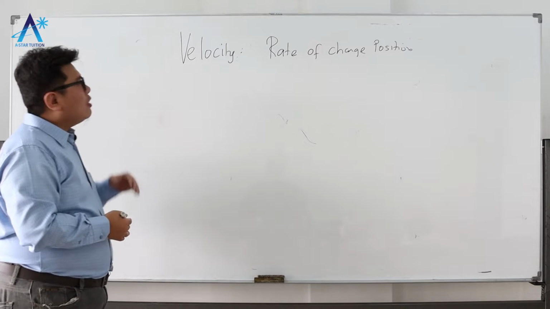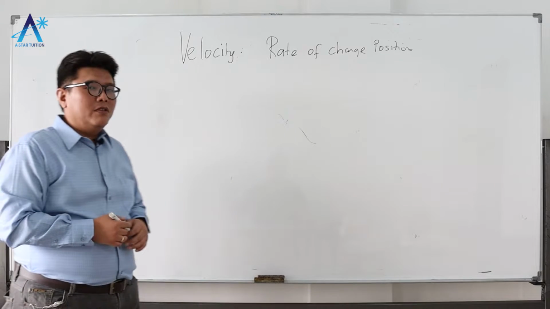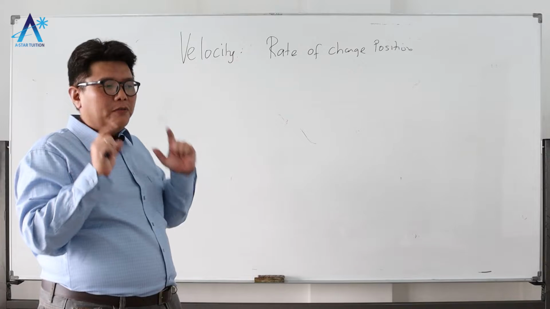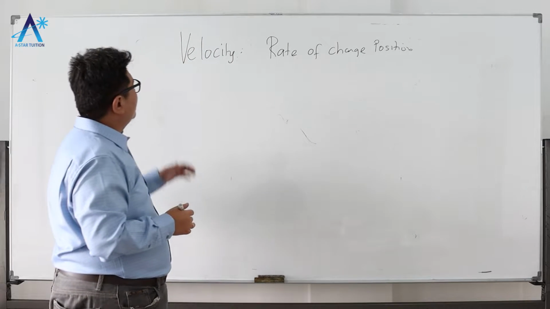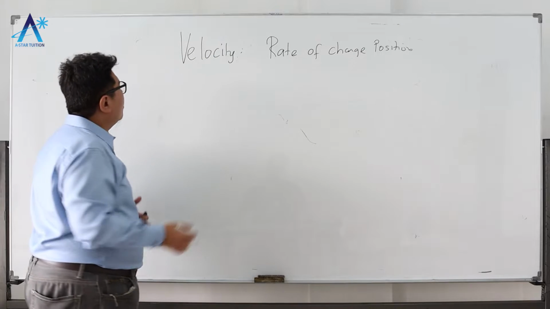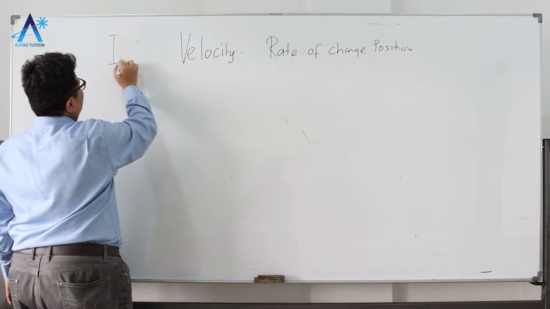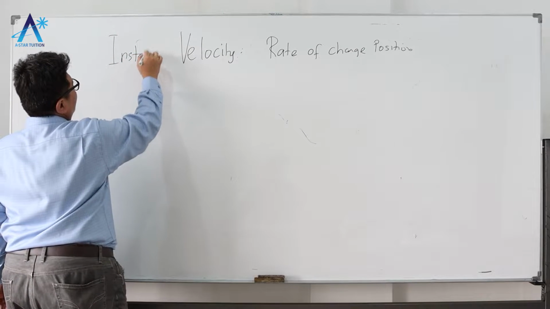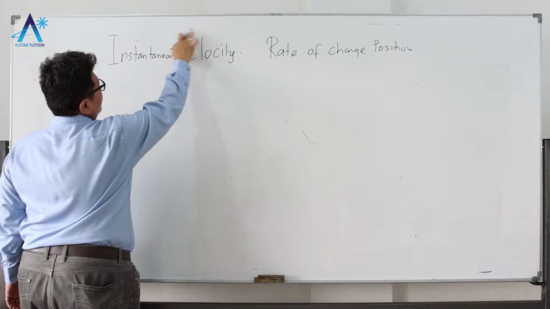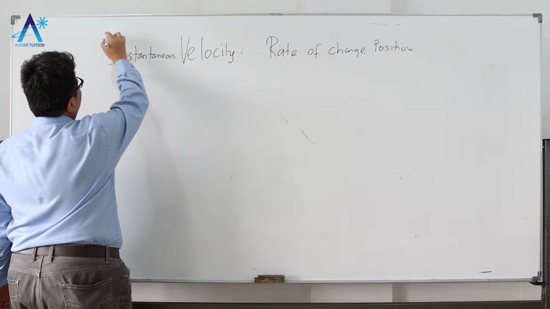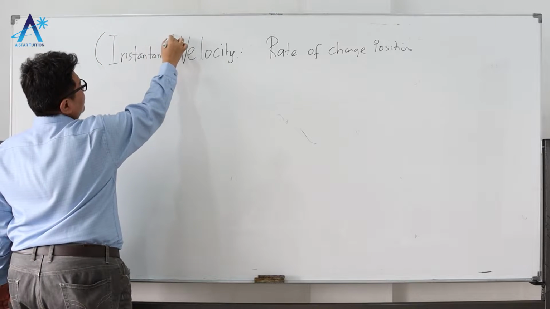Now, when we talk about velocity, we always need to distinguish between two different concepts of velocity. The first concept is just velocity, or sometimes it is called instantaneous velocity. The word instantaneous is usually implied.